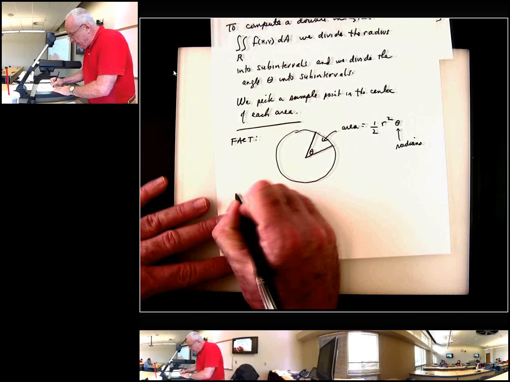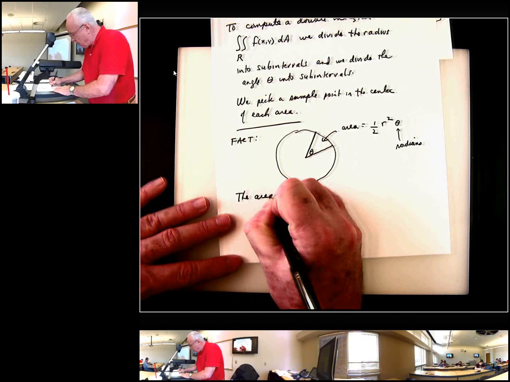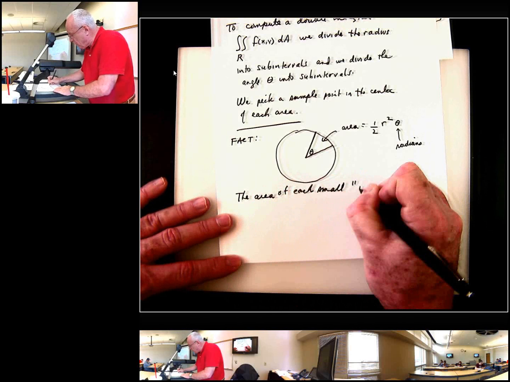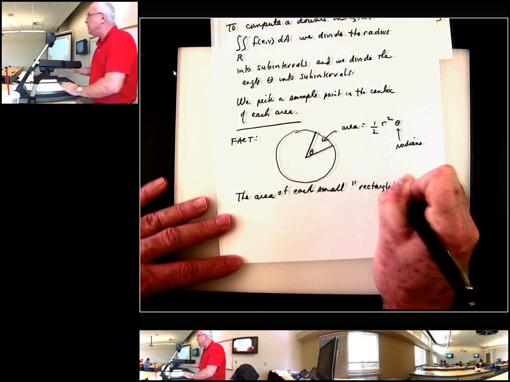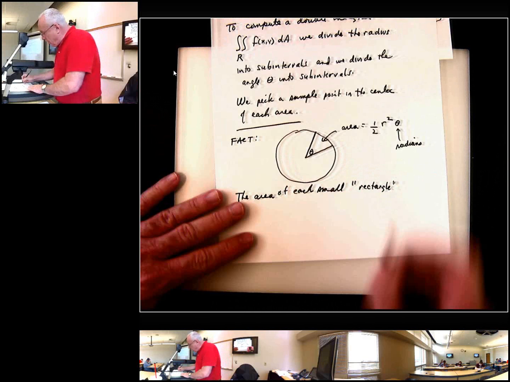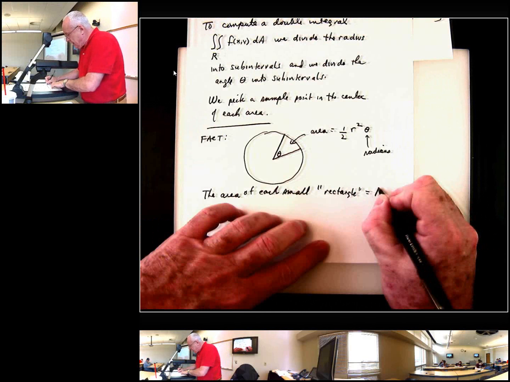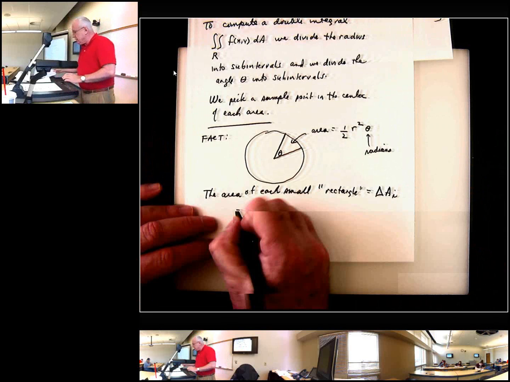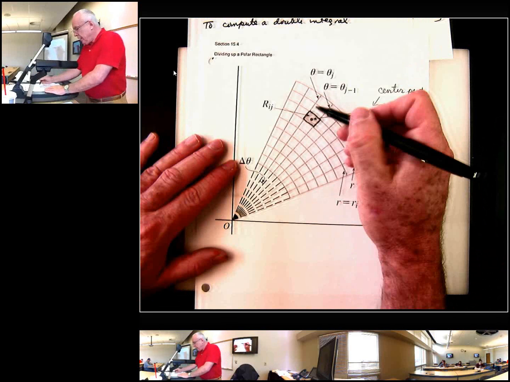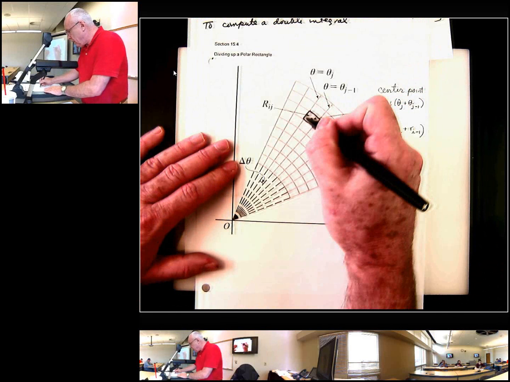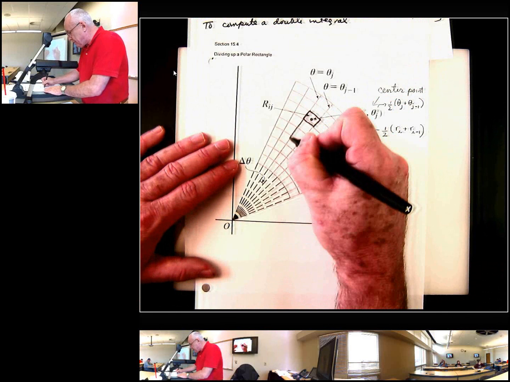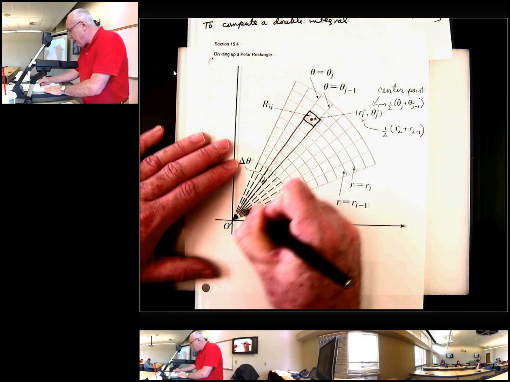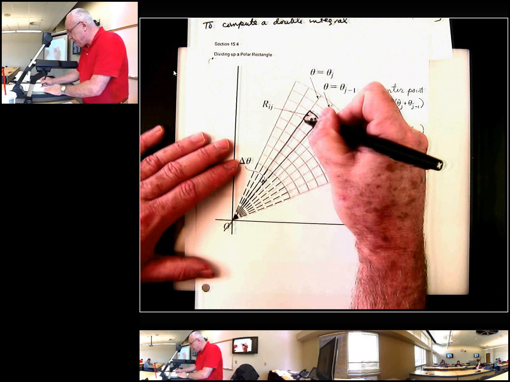So the area of each small, and I'll put this in quotes, "rectangle," because they're not really exactly rectangles, we're going to call that area delta A sub i, and it's really going to be the area of this piece of pie cut all the way here minus the area of this piece of pie right here.